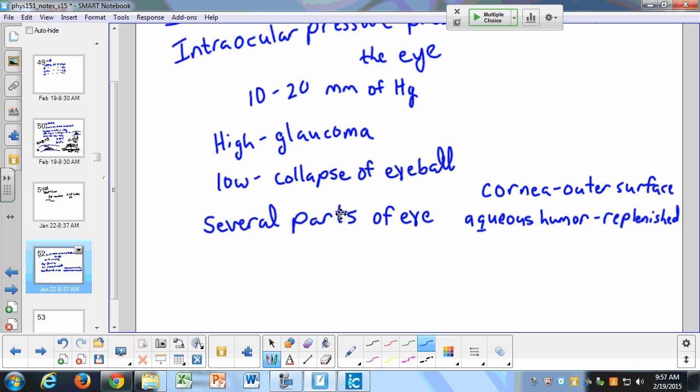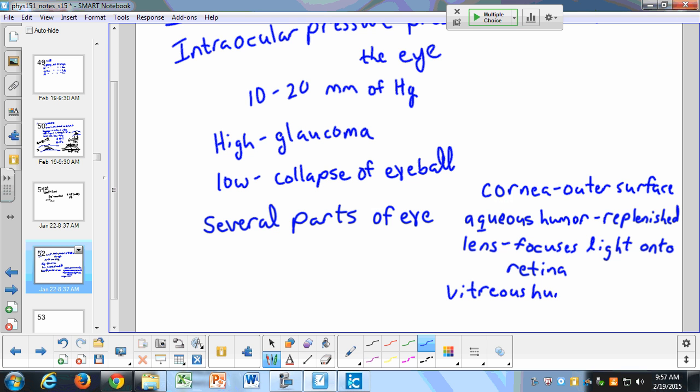The lens will focus light onto the retina. And the vitreous humor is another fluid. This is what holds the eye's spherical shape.